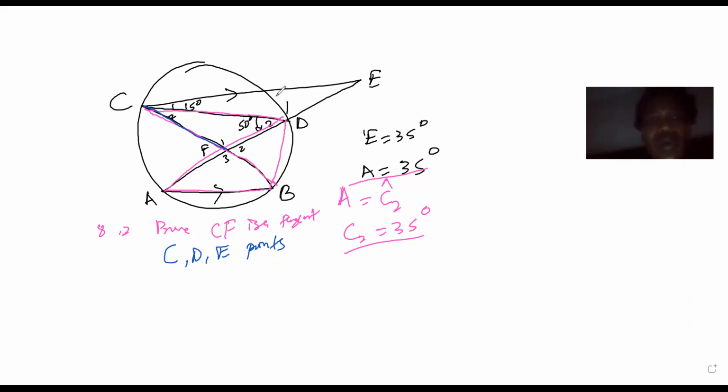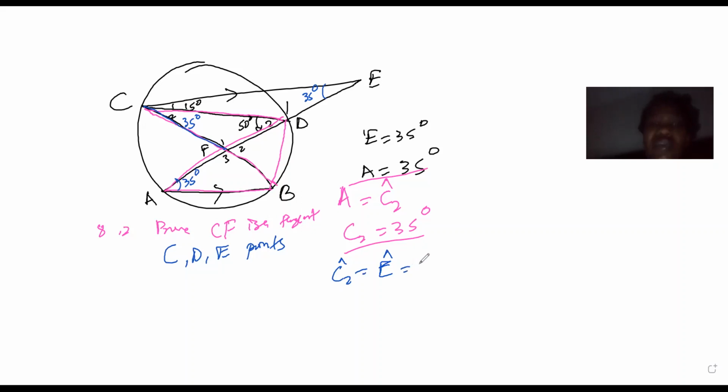Okay, so we know E is 35, A is 35, C2 is 35. We know those by now. Now let's find the other things. So tangent CF, which has angle C2, and let's see, what can C2 be equal to? We already know C2 is E. Why is C2 equal to E?